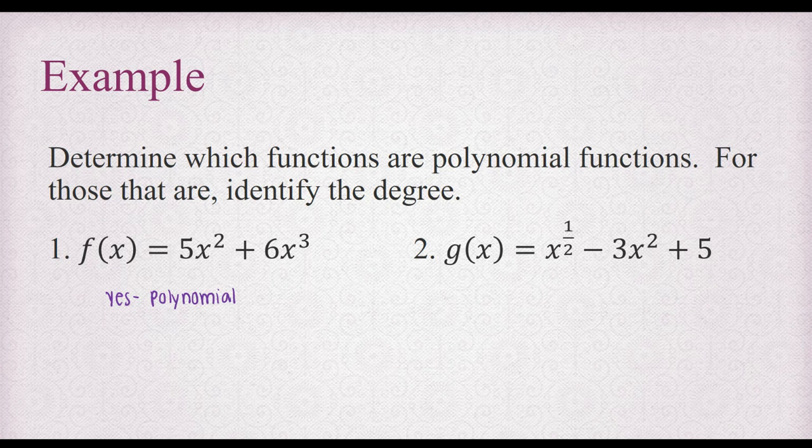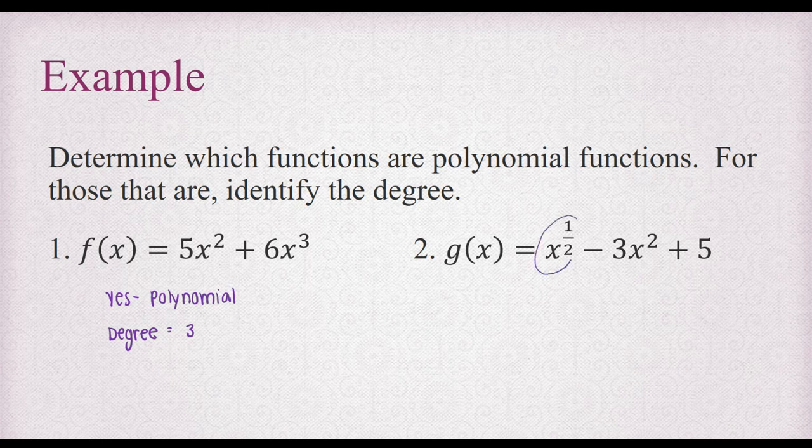So we always identify the degree as the highest exponent. So in this problem, even though x squared is first, then x to the third, the 3 is the biggest exponent. So we would say that this is degree 3, which is technically called a cubic, okay? But it's a polynomial because all of the terms have exponents that are positive integers, okay? So then that brings us to the next problem where I have g of x equals x to the 1/2 power minus 3x squared plus 5.